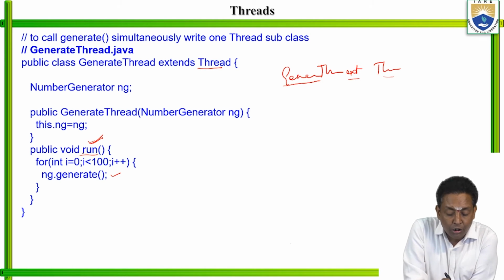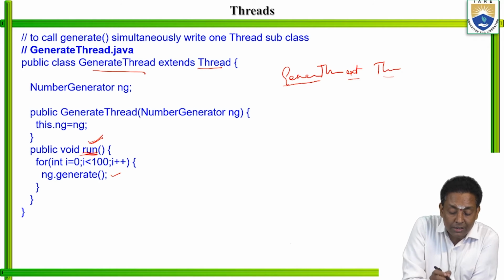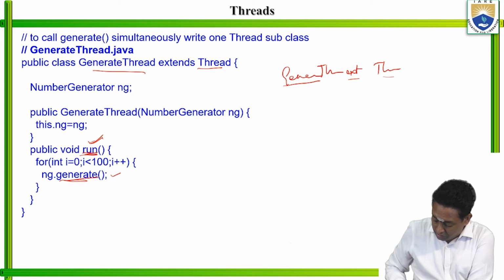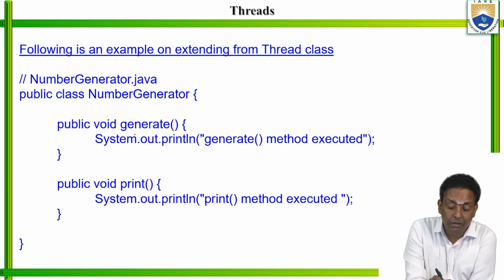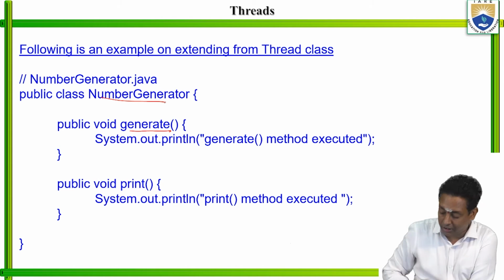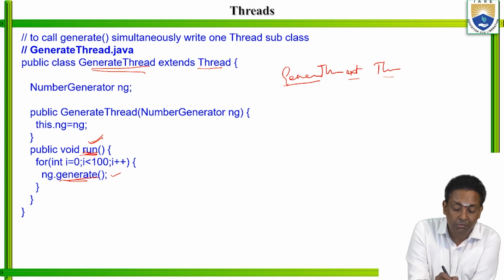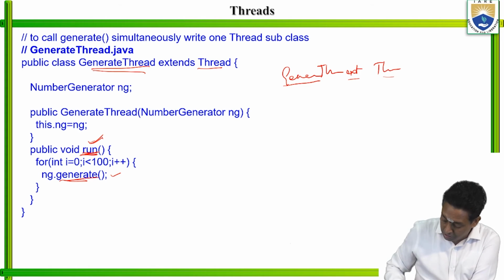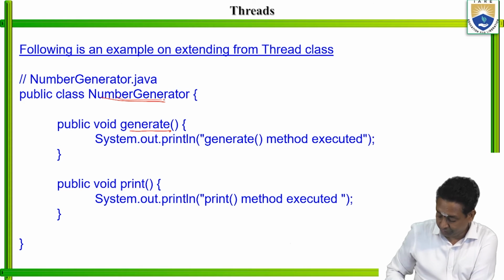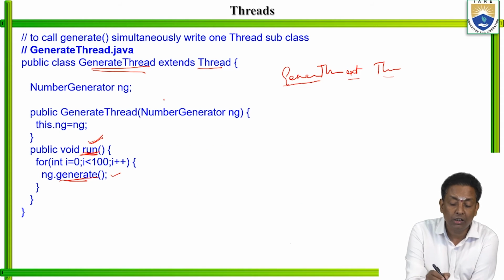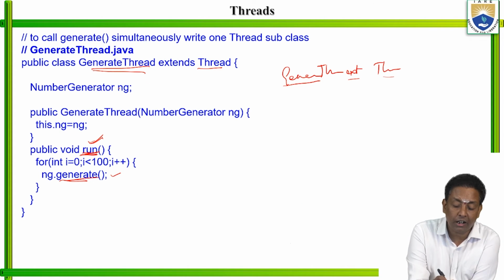Generate is a method of the NumberGenerator class, so this GenerateThread run method requires a NumberGenerator object. For that, in the GenerateThread class you can directly write NumberGenerator ng = new NumberGenerator.